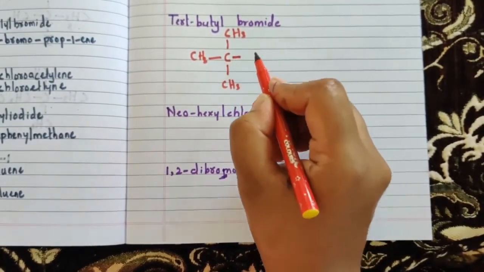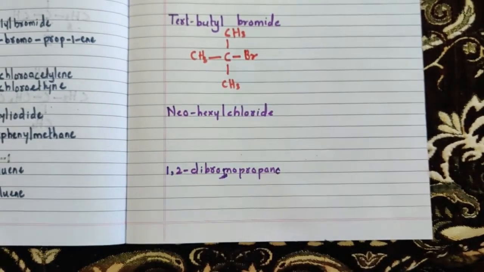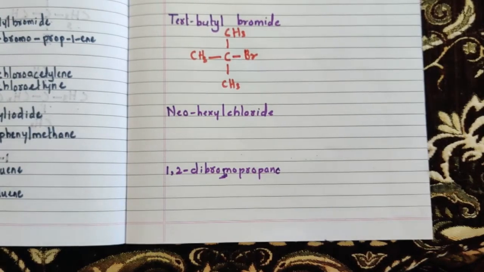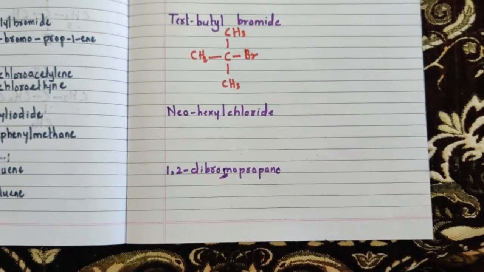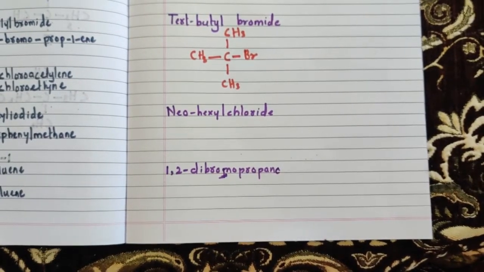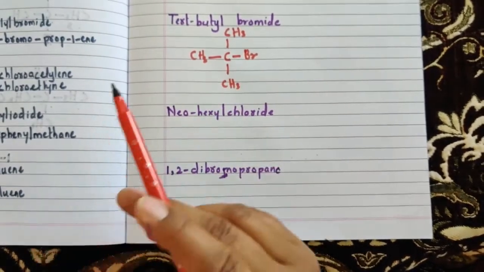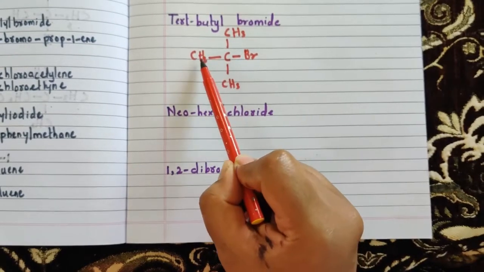And which halide is attached here? Bromine. So I'll make a bromine here. This is your tertiary butyl bromide. Now let's try to name its IUPAC name. First, what is the rule? Find out the longest chain that has the functional group in it. Our functional group is halogen. So here let's see the straight chain first. 1, 2.